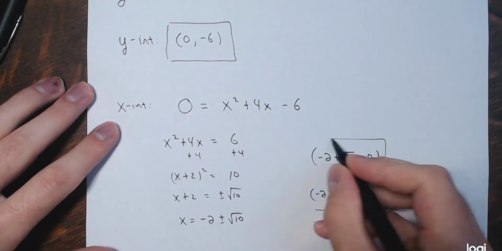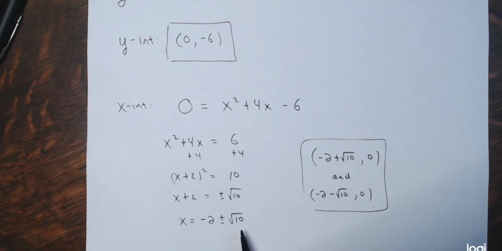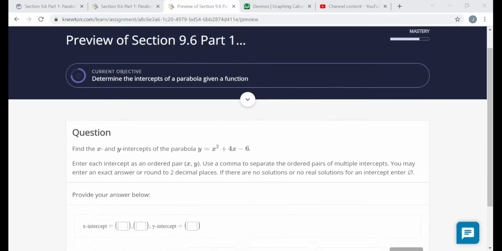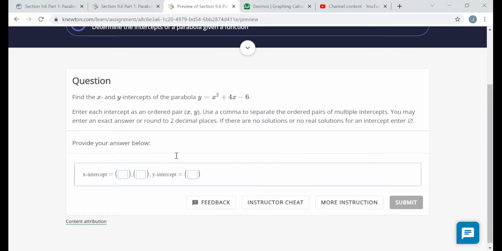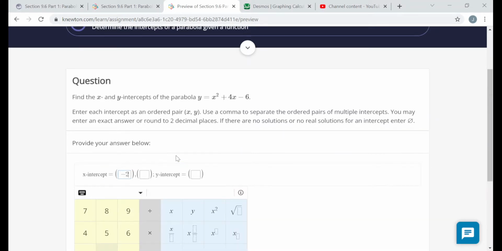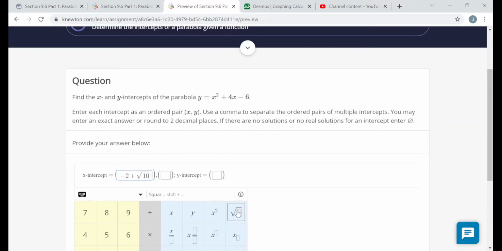And there you go, right? And remember, if you ever take the square root of a negative with these, and you end up with imaginaries, then the graph won't have x-intercepts, and we saw that before. And I'm going to actually enter the exact value this time. Why not? One of the x-intercepts is negative 2 plus the square root of 10, comma 0.